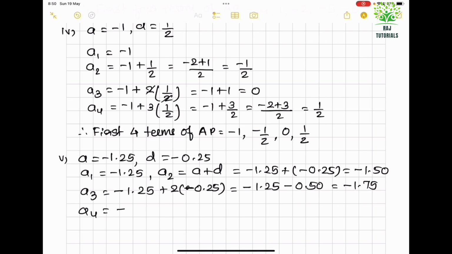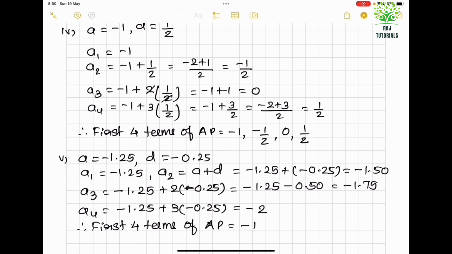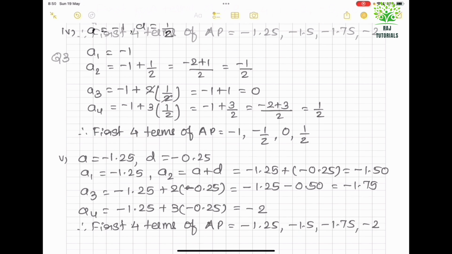A4 will be minus 1.25 plus 3 into minus 0.25, so that will come to minus 2. Therefore first four terms of AP are minus 1.25, minus 1.5, minus 1.75, minus 2.